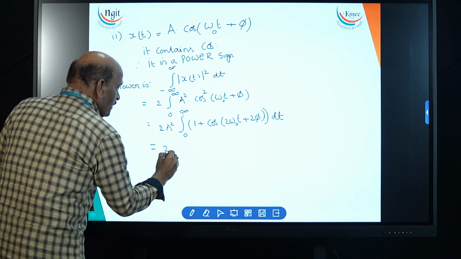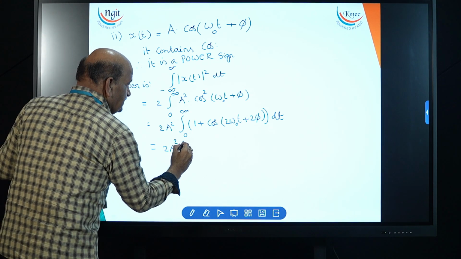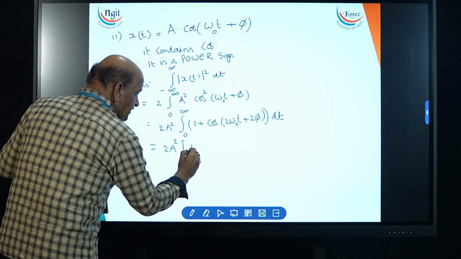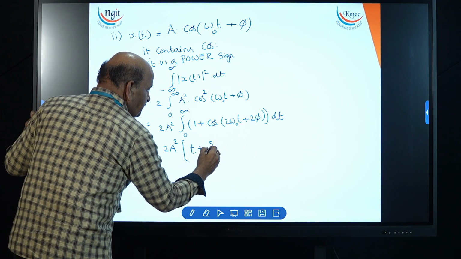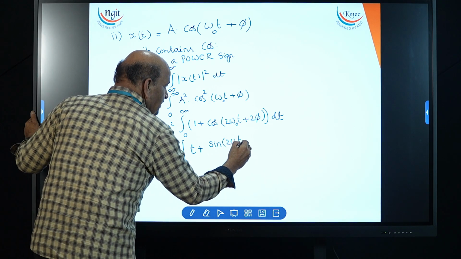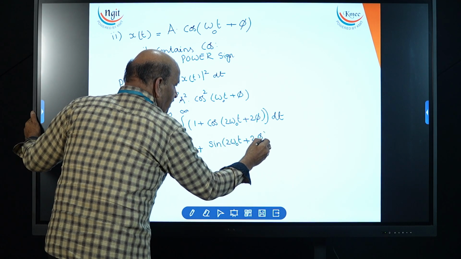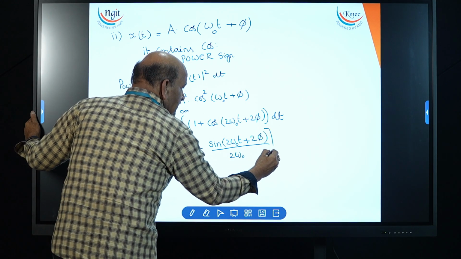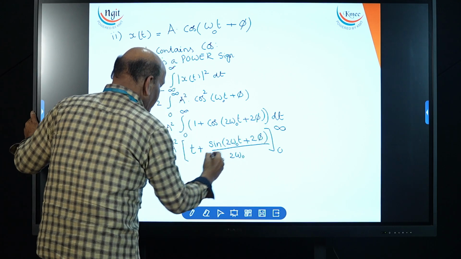This is equal to 2A square. Now you can integrate. For 1 with respect to dt, this is t. For cos, this is sine of 2 omega naught t plus 2 phi divided by the constant 2 omega naught, between 0 and infinity.